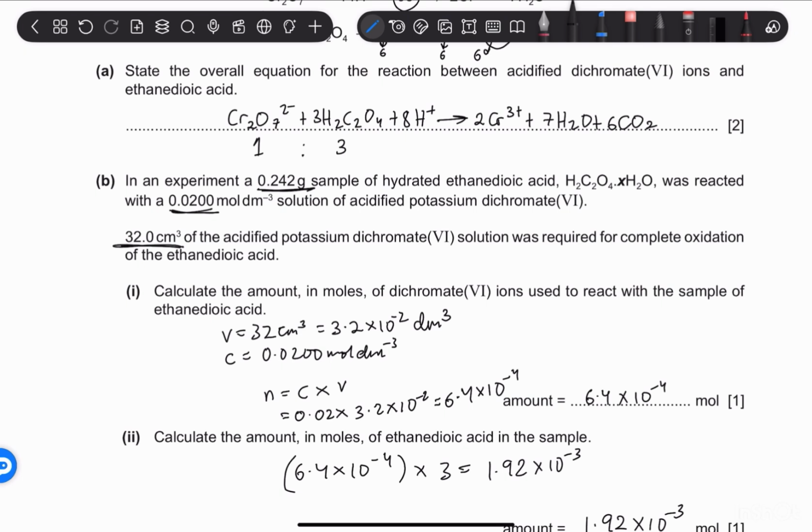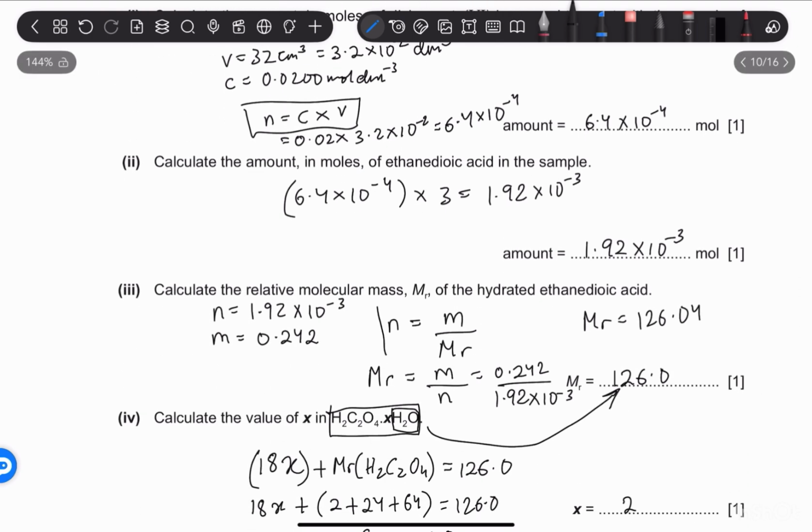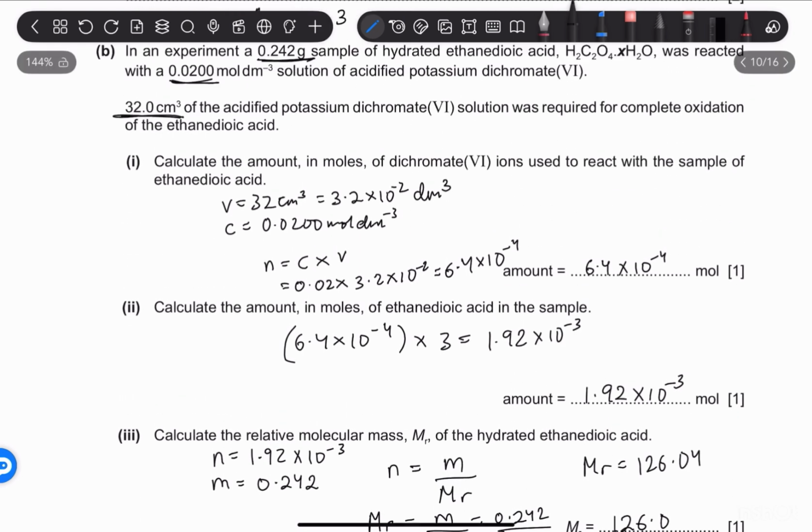So I've done questions with empirical formula, molecular formula, percentage mass. We've done hydrated compounds, and we've practiced the basic formulas of n equals C times V and n equals m over Mr, and we've done a few examples and calculations of our molecular mass and our moles.